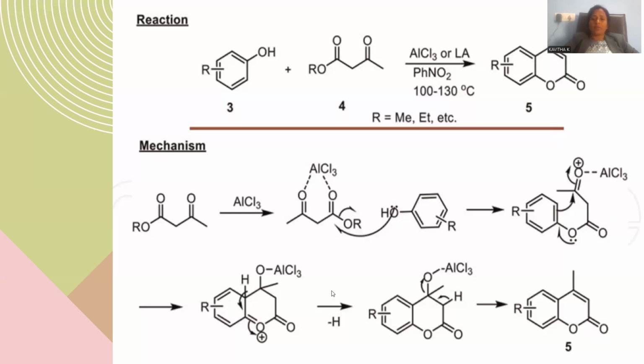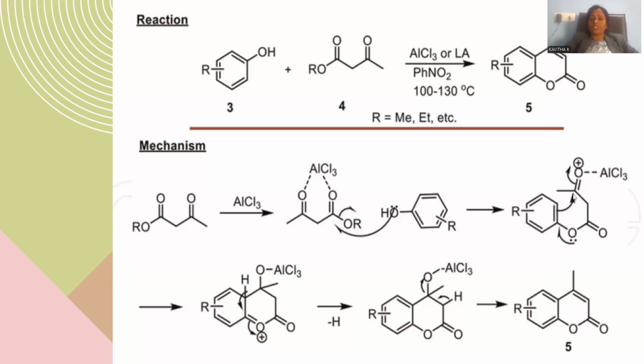Now the task is the cyclization process. In order to cyclize this intermediate compound, the benzenoid ring will be disturbed, and the benzene pi bond participates in the ring cyclization, and simultaneously the ketonic group will be delocalized towards the oxygen atom.